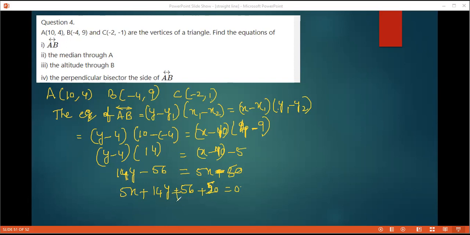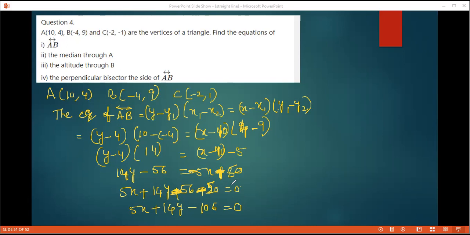What do we get now? 5x + 14y - 56 - 50, so minus 106, which is equal to 0.